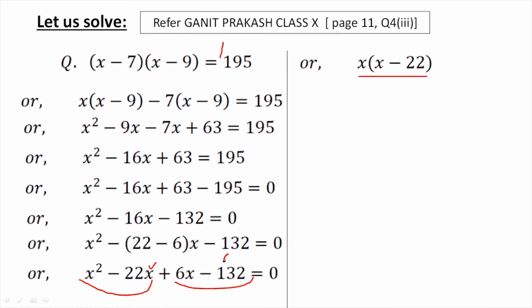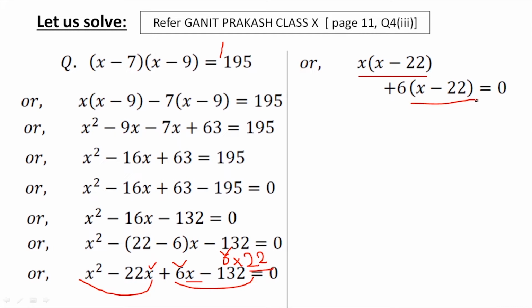We know that 6 into 22 is 132, so 6 is common, so we take out 6 common. What will be the term inside the bracket? It will be x minus 22.